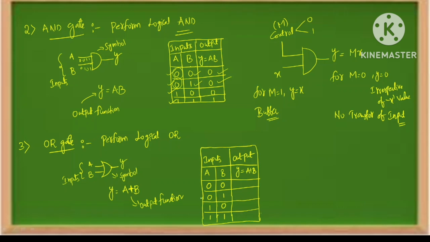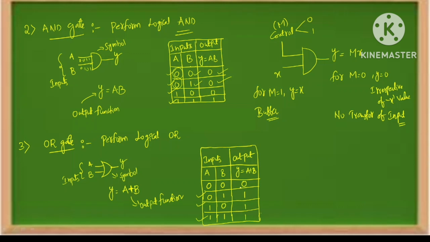If you see the second, third, and fourth combinations, at least one input is high, so the output must be high. The output is high for the second, third, and fourth combinations, whereas for the first combination both inputs are low, so the output is also low. This is the way of filling the truth table of the logic OR gate.